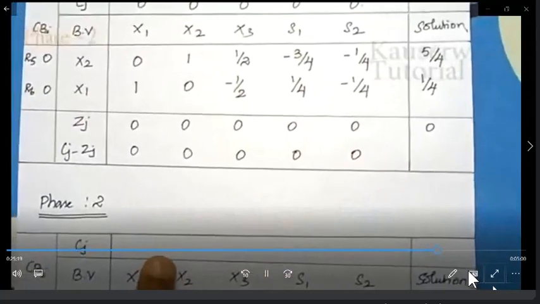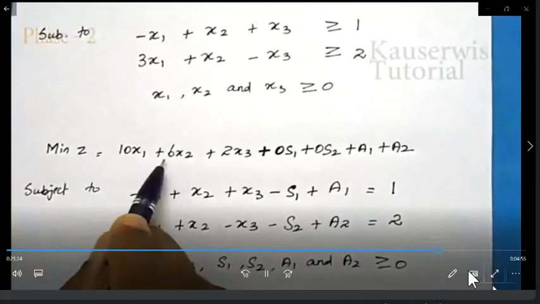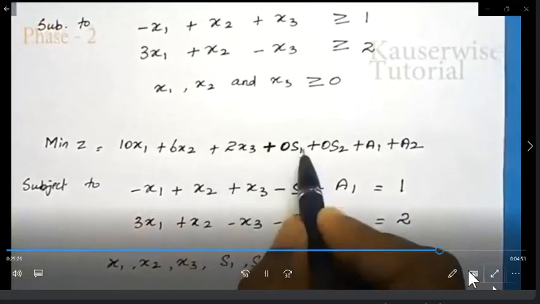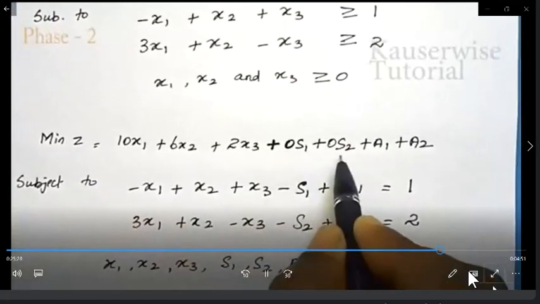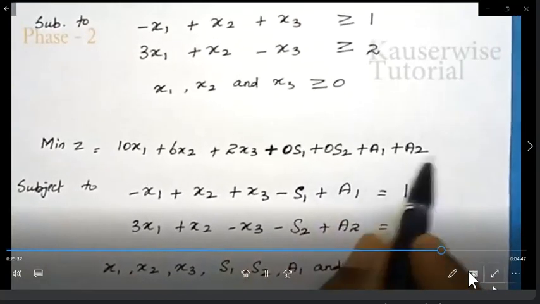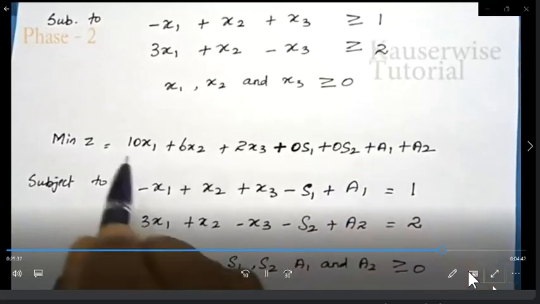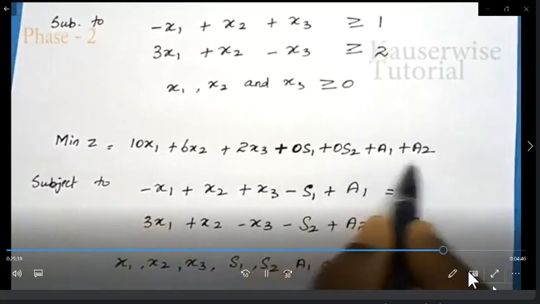Look at the problem. The x1 value is 10, x2 value is 6, x3 value is 2, s1 value is 0 and s2 value is 0. So take all these values except the artificial variables. We took artificial variables in phase 1, but for phase 2 we take all other values except the artificial variables.